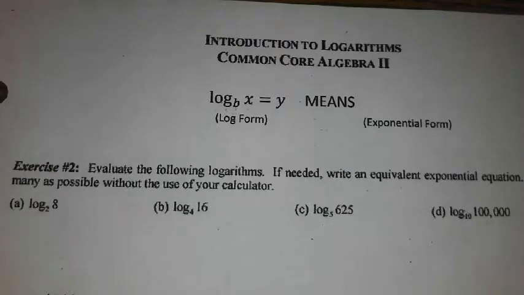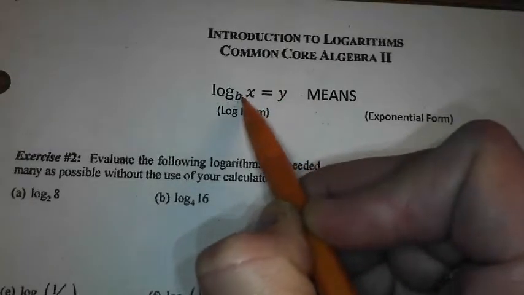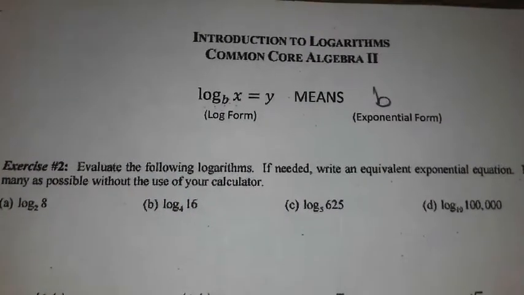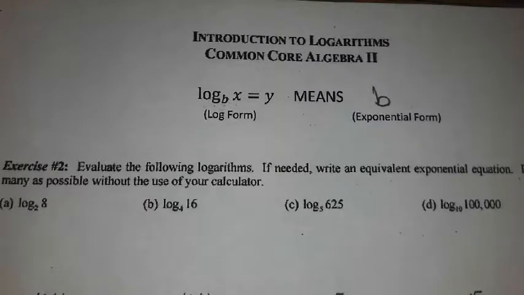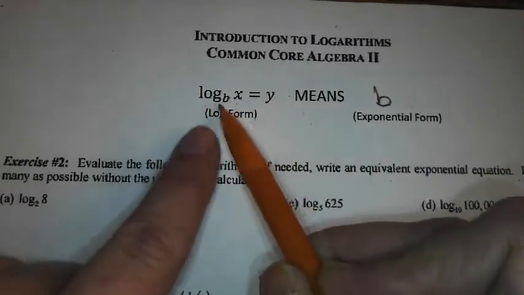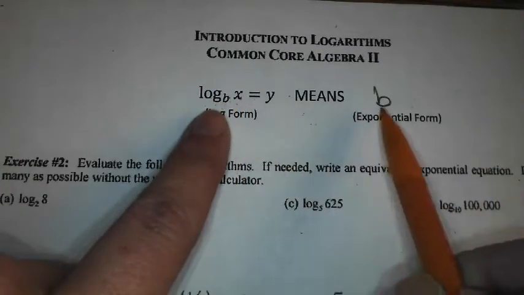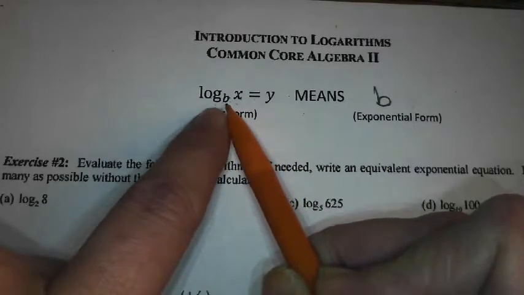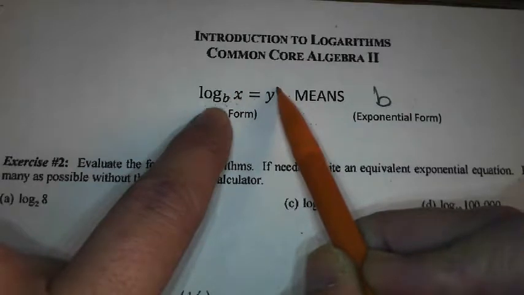Here's the good news. The base of the log is the base of your exponential form. They both have bases and they are the same thing, which is nice. But when you're taking the log form and you're going to exponential form, it's your base, and I'll constantly say this, raised to the other side.